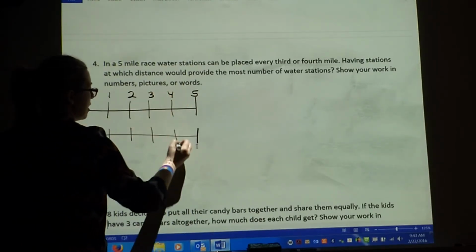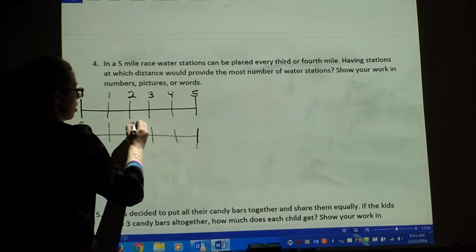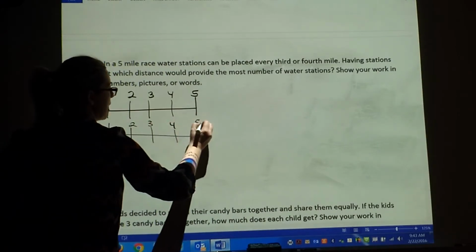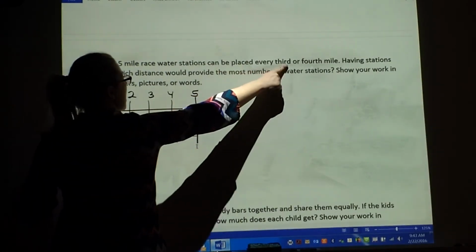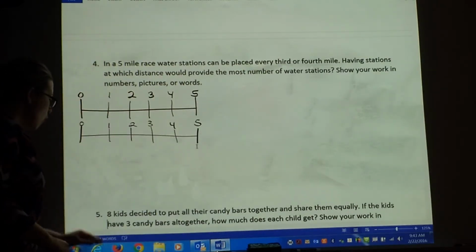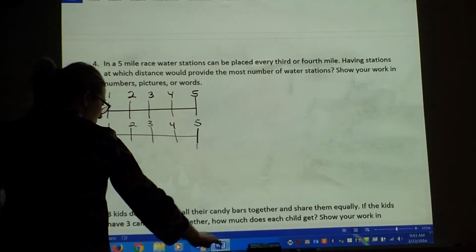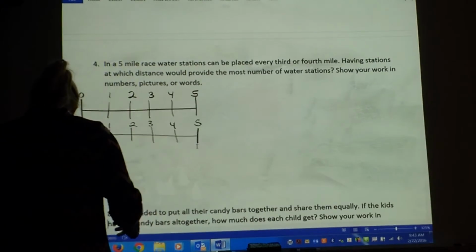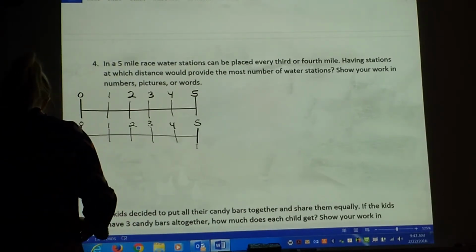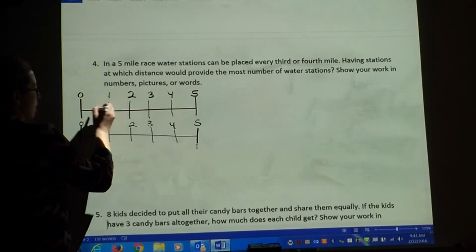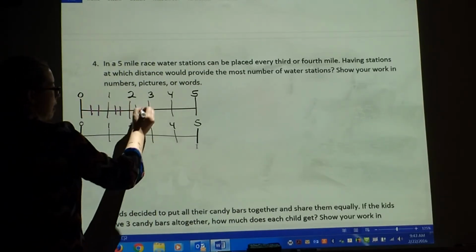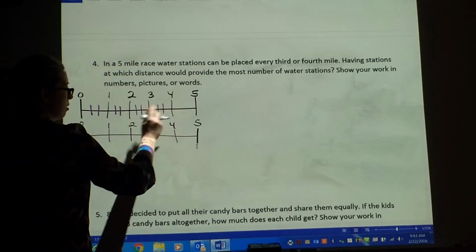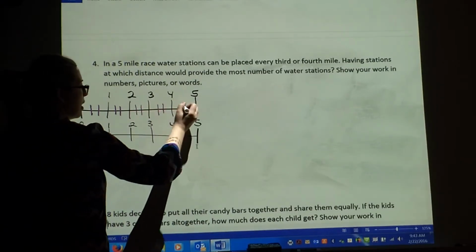And since I'm trying to evenly compare, they both should look the same. Now, my first option is to place water stations at every 3rd mile, which means I have to take my number line and divide each mile into thirds. 1, 2, 3, 1, 2, 3, 1, 2, 3, 1, 2, 3, 1, 2, 3.